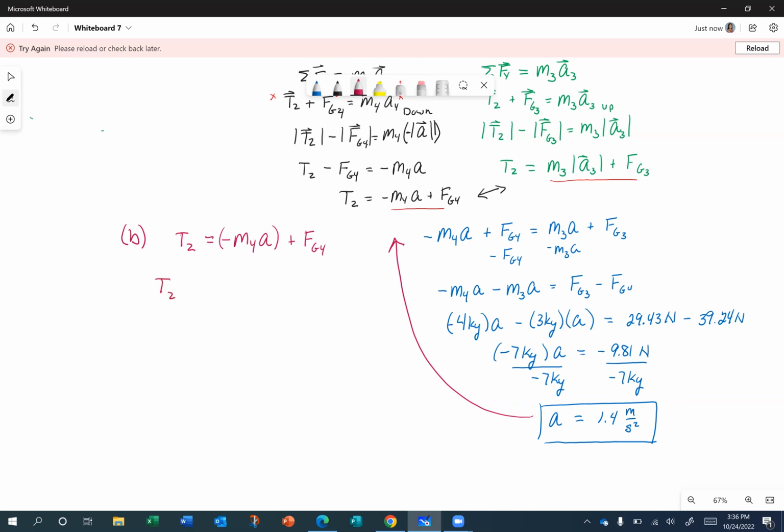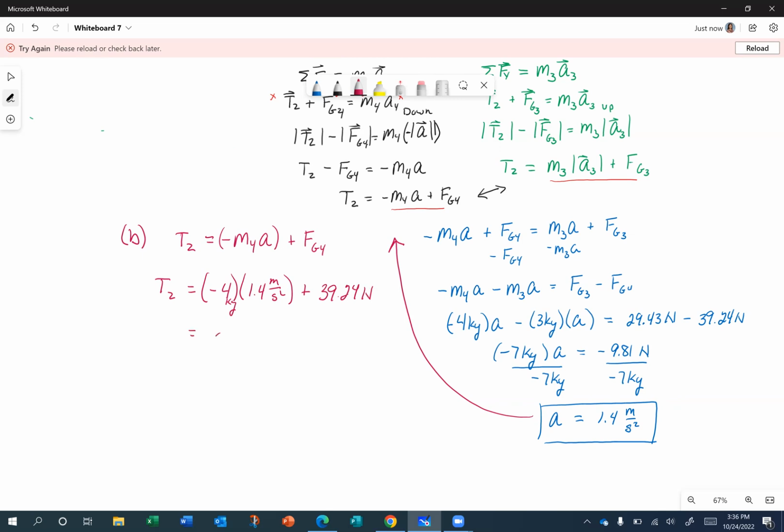So T2 is equal to negative 4 kilograms times 1.4, plus the force of gravity of 4, 39.24.